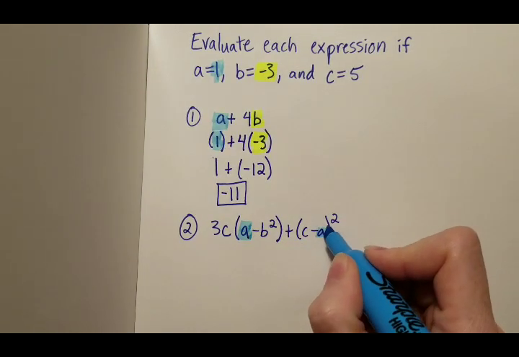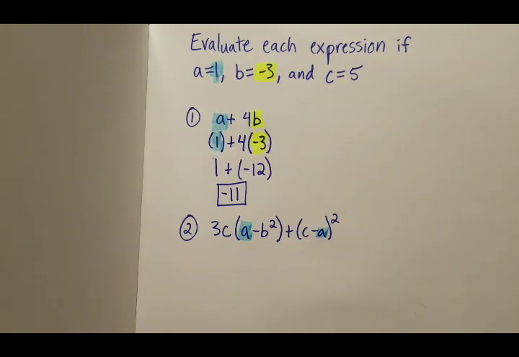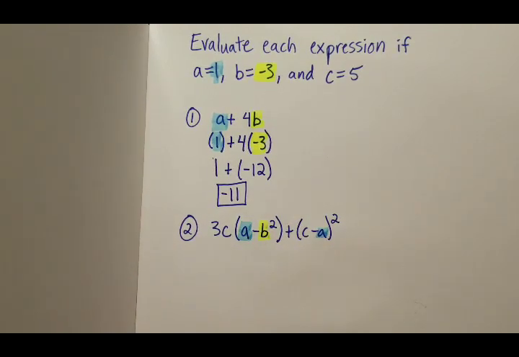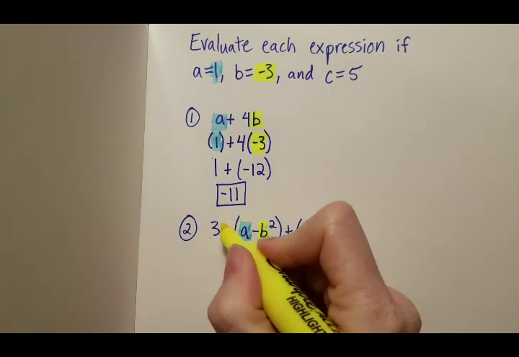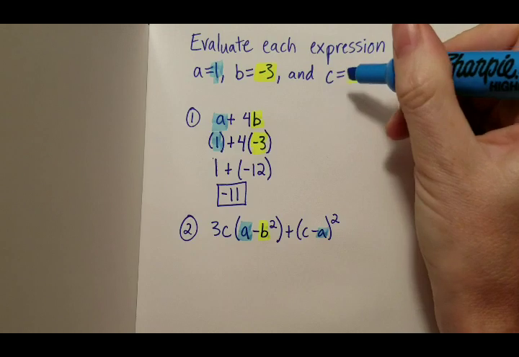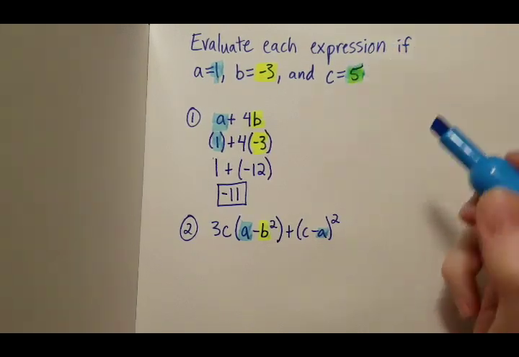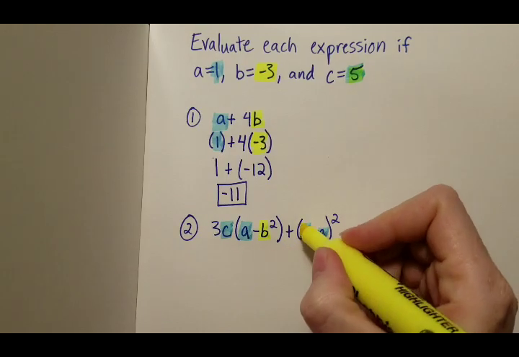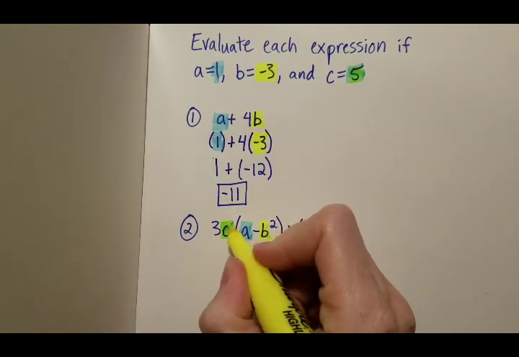So we've got an a here and an a here. We've got a b here. And then for c, I'm going to make a green highlight because I don't have a third highlighter with me right here. So here we go. Make those c's green. So you really need a third color.